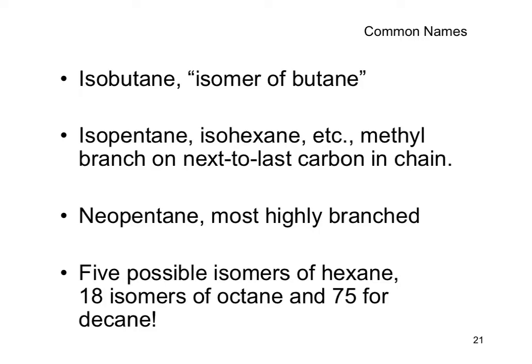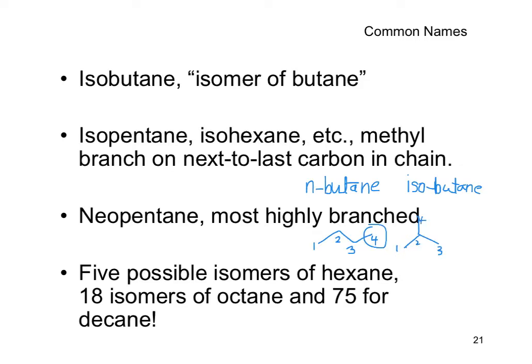Let's talk a little bit about the word iso. So I told you butane is the normal butane, that is n-butane, but the isomer of that is isobutane. So if you had a 4-carbon chain, quick recap, iso would mean that the methyl group is hanging off of the second position, not the third position.